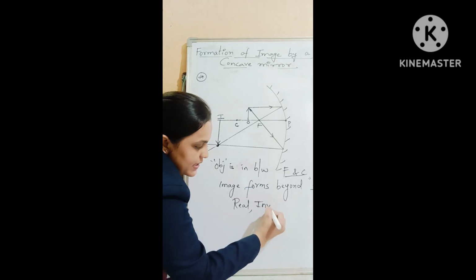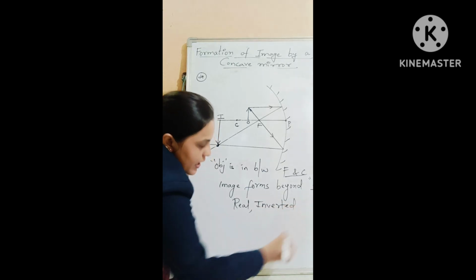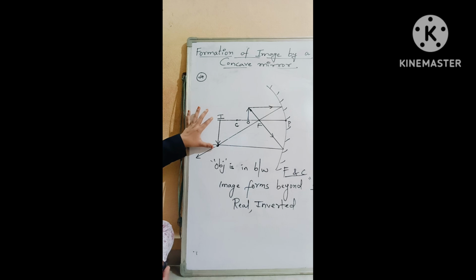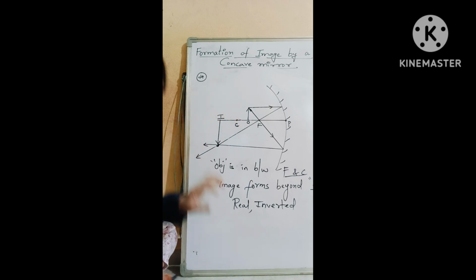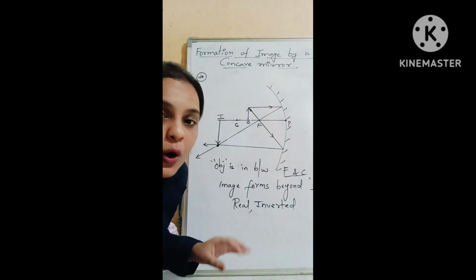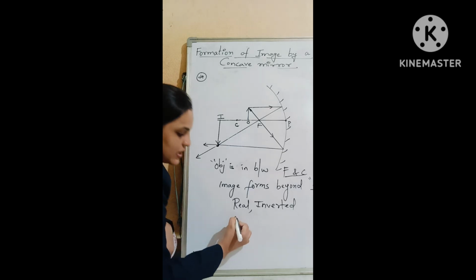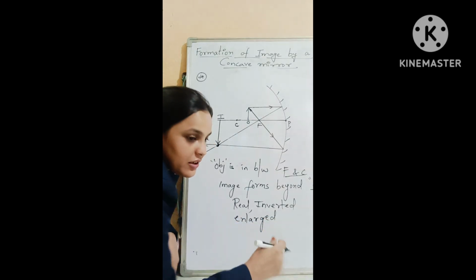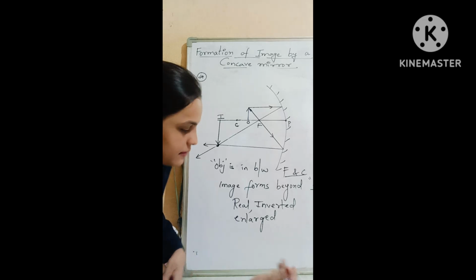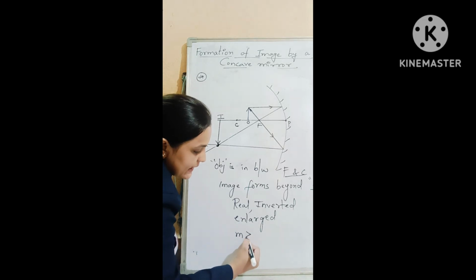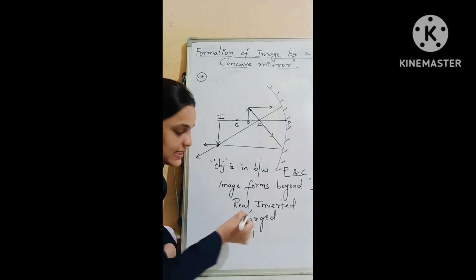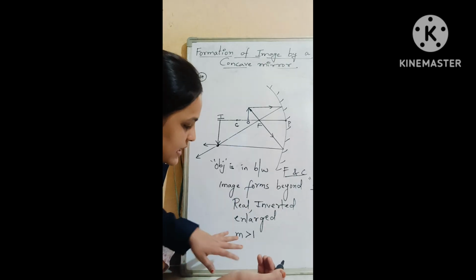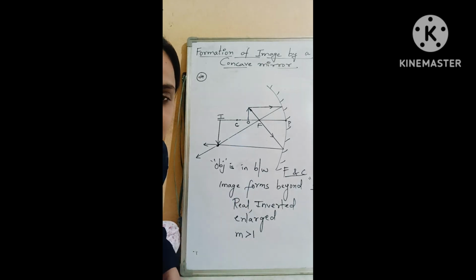Real is always inverted. Next, what is the size of the image compared to the object? This time it is bigger or else enlarged. So the size of the image is enlarged, or else you can write magnified or bigger. And M is greater than 1 because the size is enlarged. Size is bigger, that's why M is greater than 1.